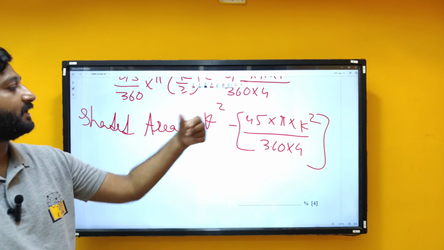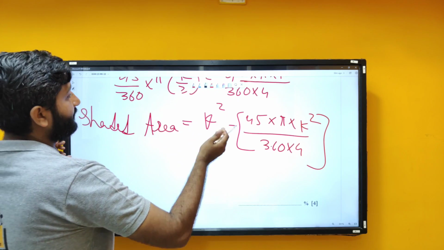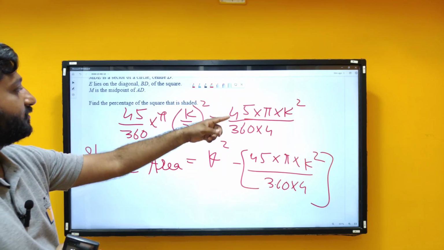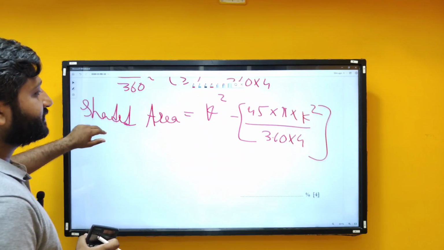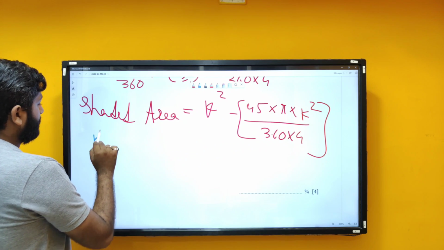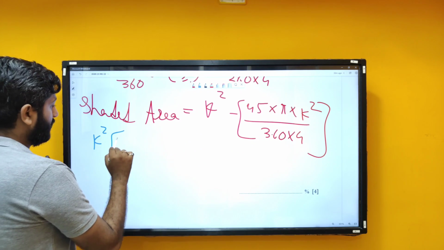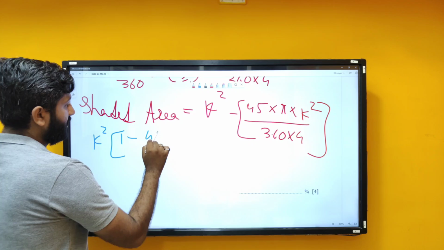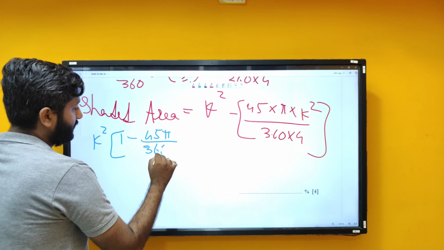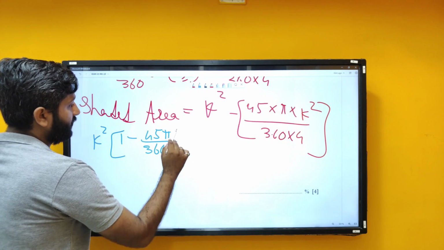So the shaded area from here, let me take 45 upon 360 into 4 into pi k squared. Okay, so this is my shaded area. Let me take k squared common. So if I take k squared common, I'll be left with 1 minus 45 pi upon 360 into 4.